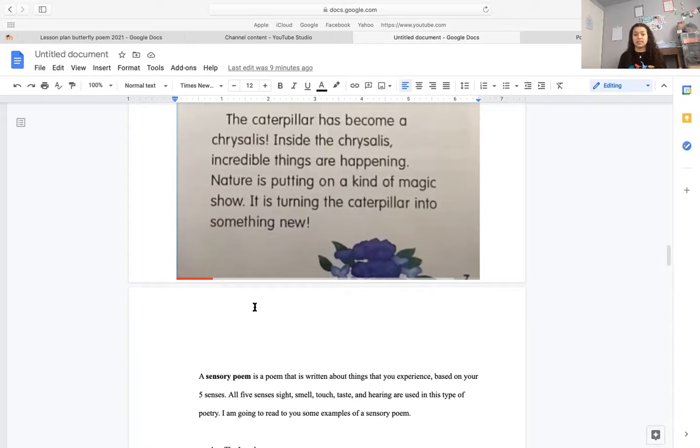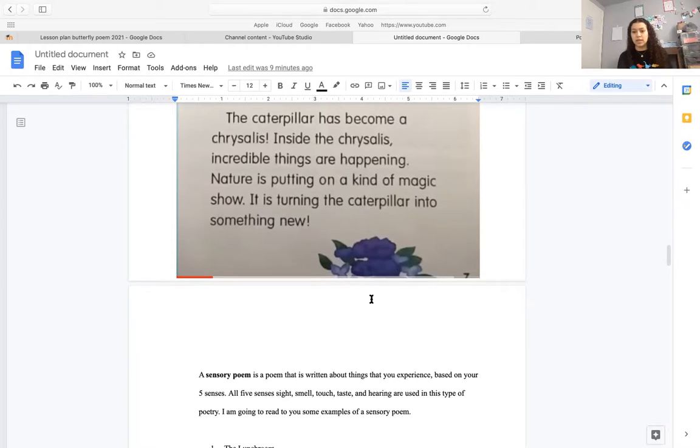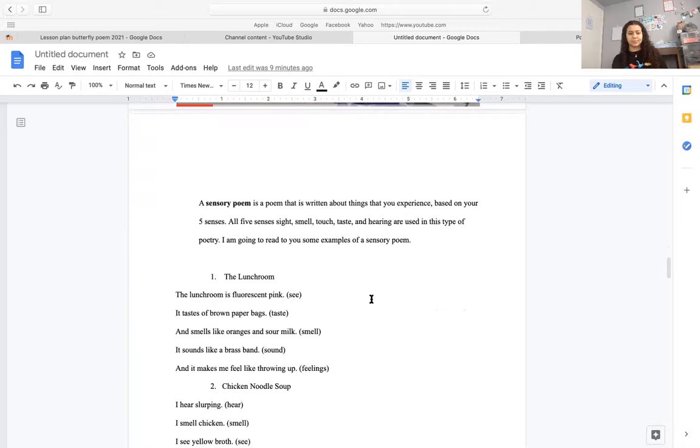So that's an important thing to remember, boys and girls: in this type of poetry, you are going to see all five of those senses included in the poem, and you're going to include them in your poem as well. I'm going to read some examples of sensory poems so we can get a better idea of what those look like and how ours might look.